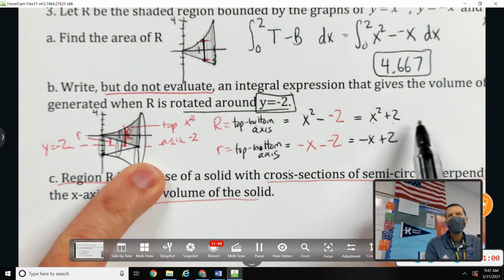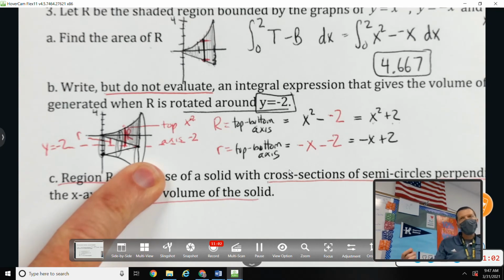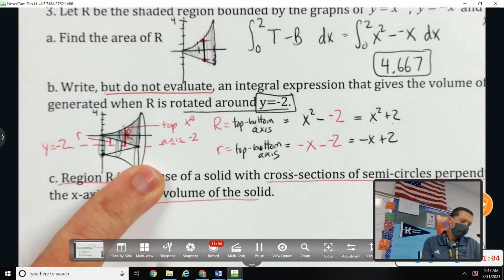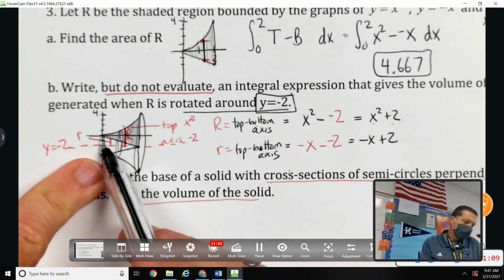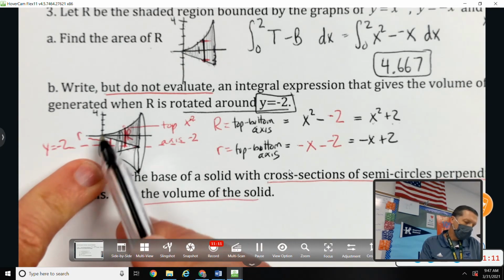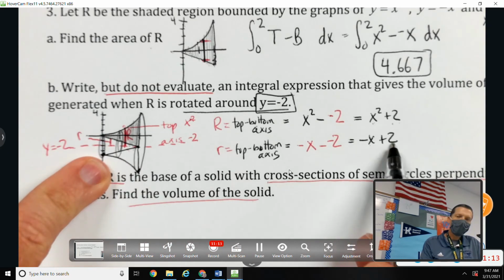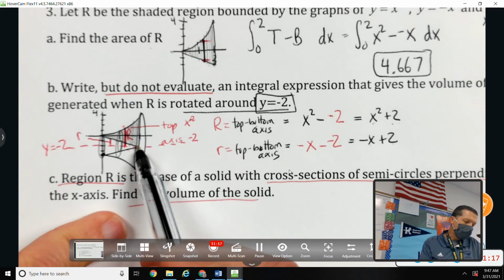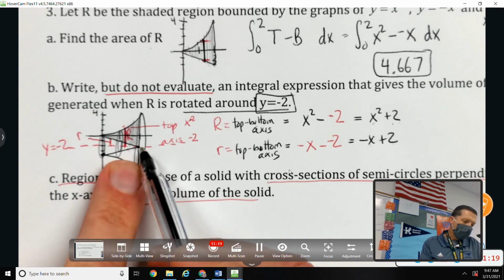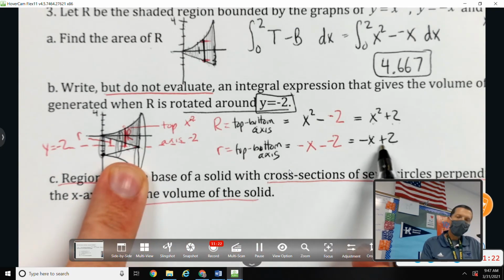So you can spot check your R's to see that they make sense. Same thing with the little r. At this end, little r should be 2. So when x is 0, r is 2. At this end, little r is 0. So when x is 2, little r is 0.